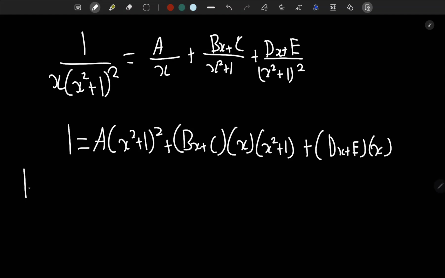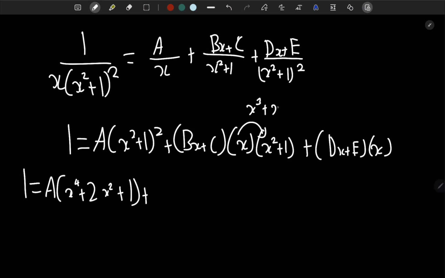So it's going to be 1 is equal to A into open brackets x to the power of 4 plus 2x squared plus 1, close brackets. Now this part is going to be, I'm going to multiply this here, so it's going to be x cubed plus x, and now multiply with this part here, so we will get Bx to the power of 4 plus Bx squared.